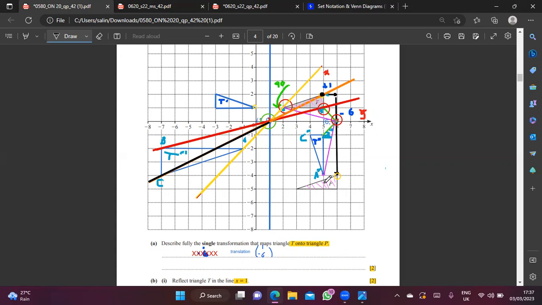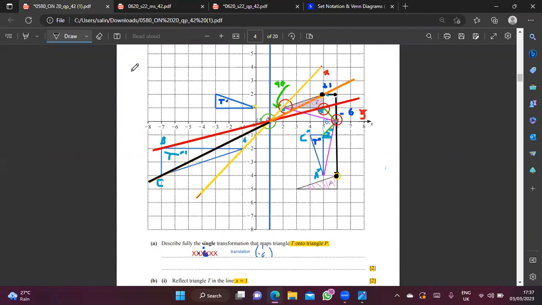Now, look at the image of your T. Okay. The image is here. So you can see clearly the image of this point is here, because the shape of your P is the same as the shape of your T. So if that is the case, I can see that what happened to my point is actually moving to the right.